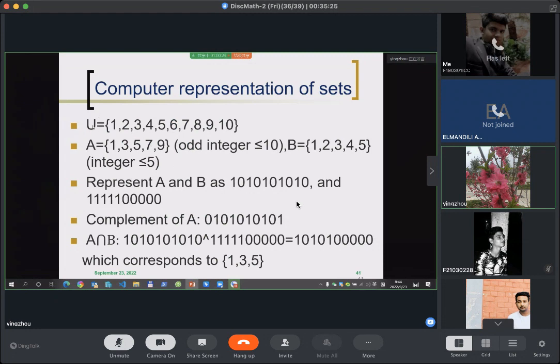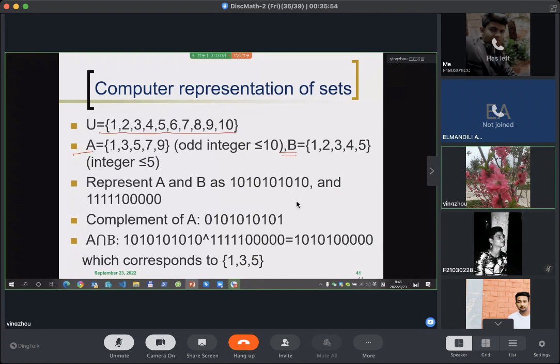Here is the whole set, okay? And here is A, which we can say is a subset of this universe, and B is another subset. So we are just using the subset or membership. You will find the membership table also gives us a way to describe the state of the subset from the universe.